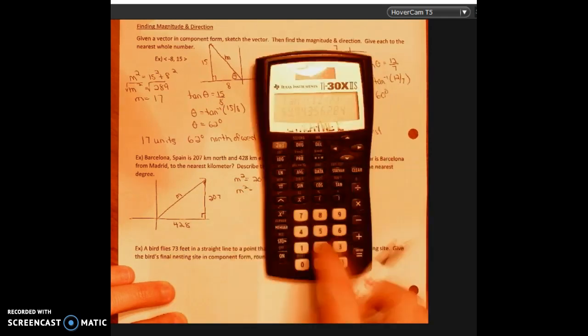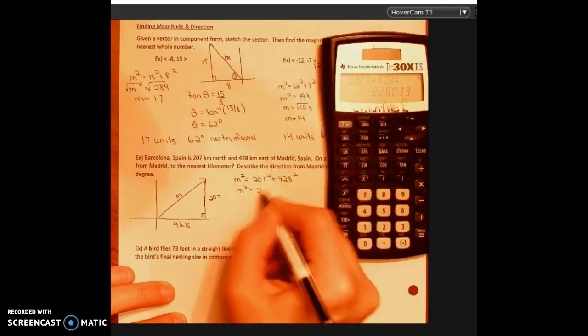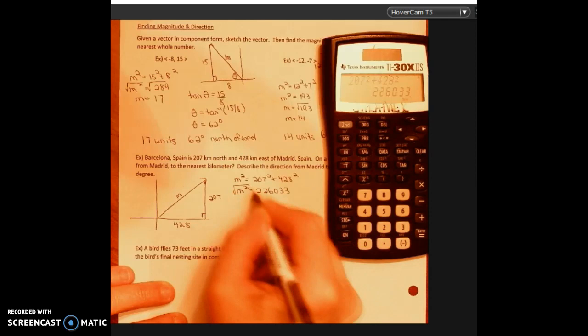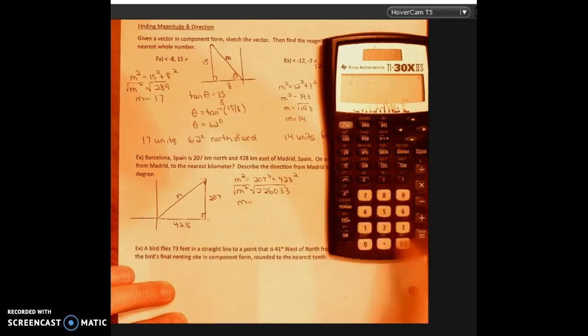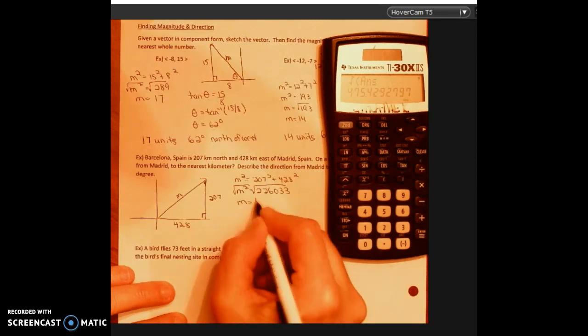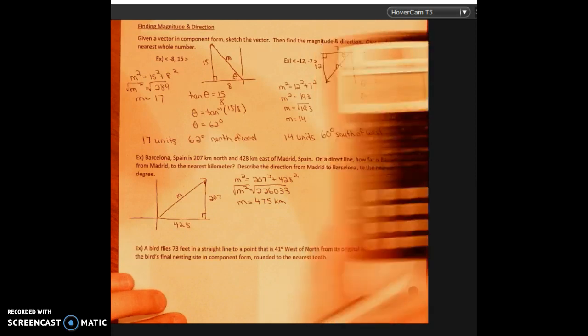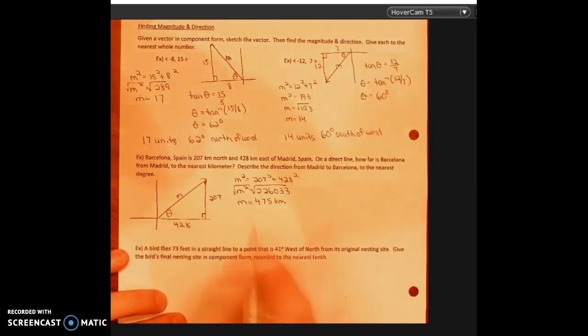So same deal, we're going to use Pythagorean's theorem. Let's go plug that in. 207 squared plus 428 squared is 226,033. We're going to take the square root, and we end up with 475 kilometers. Second thing, we're looking for the angle. So again, we're looking for this angle in here.